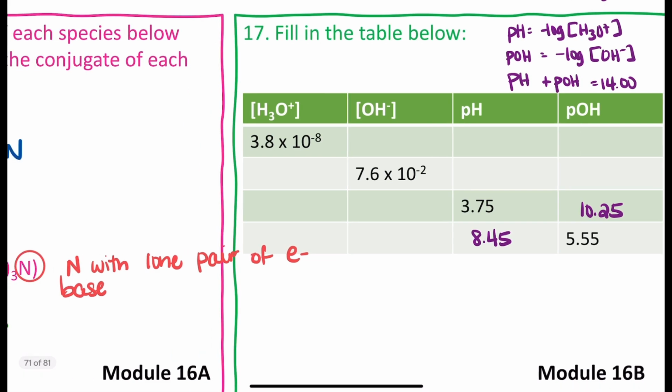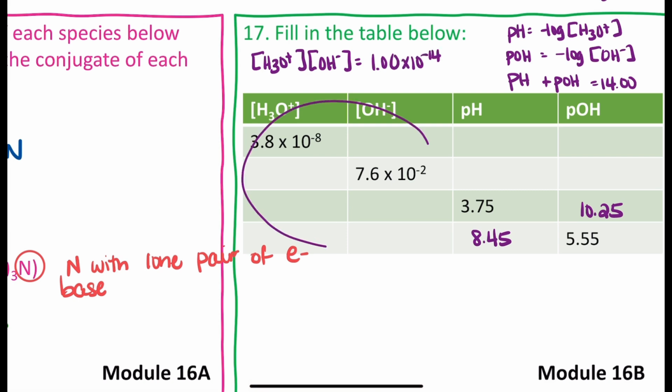I can also figure out the other values really quickly from that as well. But I can also interchange these. I know that H3O plus concentration times hydroxide concentration is 1.00 times 10 to the negative 14. So to get the values in here, I can interchange them that way.